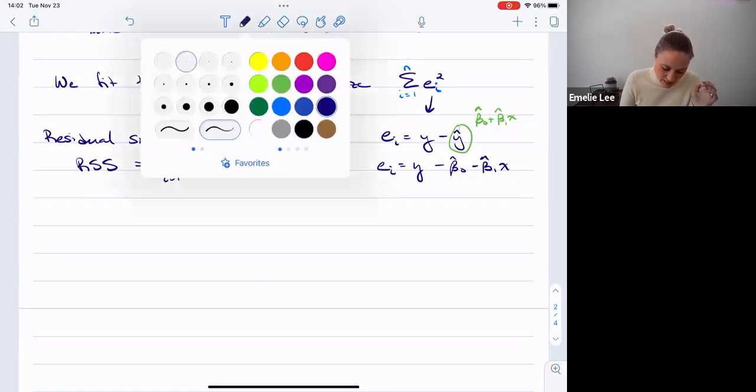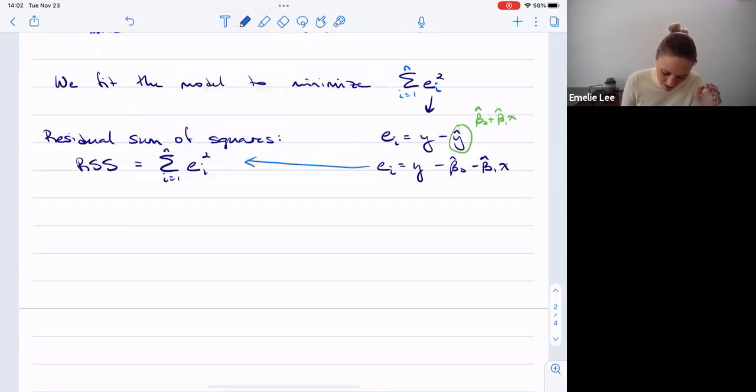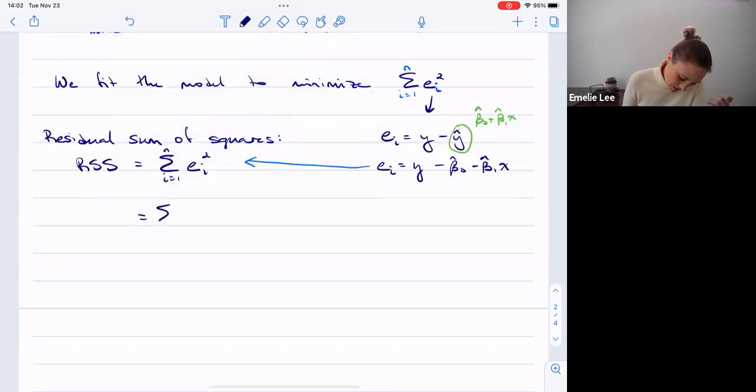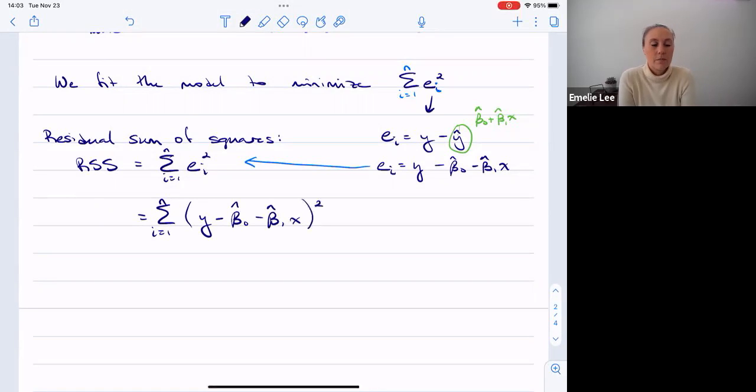So now if I take this error term, the residual, and replace it, then we'll see what happens. We get the sum from i equals 1 to n of y_i minus beta naught hat minus beta 1 hat x_i, squared. So really what's happening is we're trying to find the beta naught hat and the beta 1 hat that minimize the residual sum of squares.